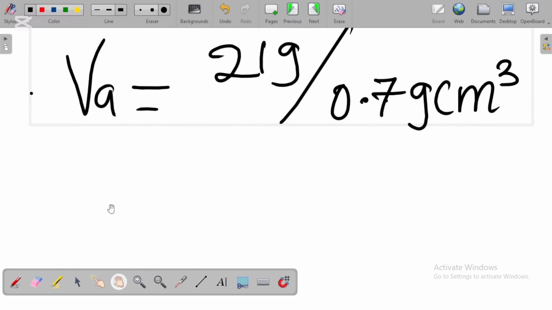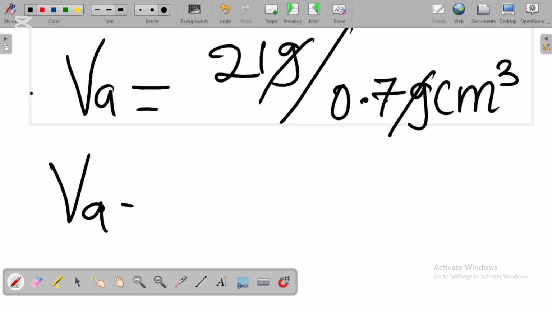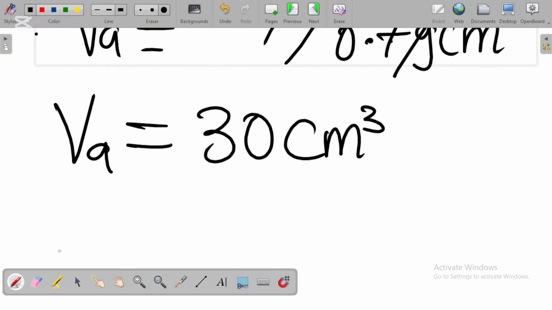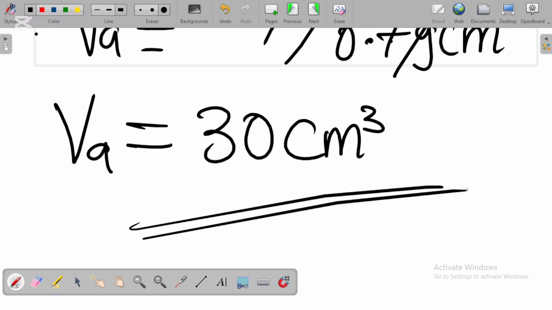At this juncture, gram will cancel gram. So the volume of alcohol is equal to 21 divided by 0.7. What will it give you? It would give you 30 cm cube. So this is the volume of alcohol.